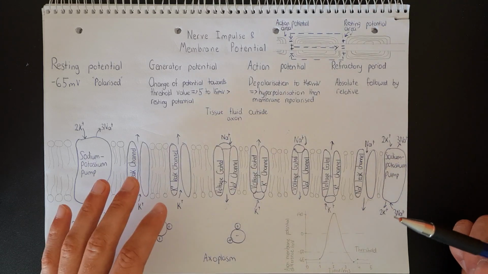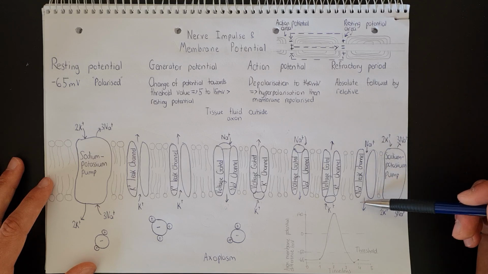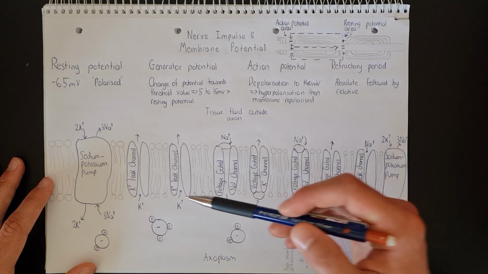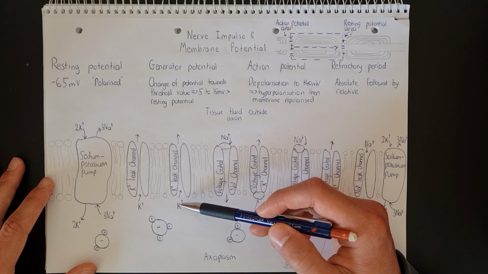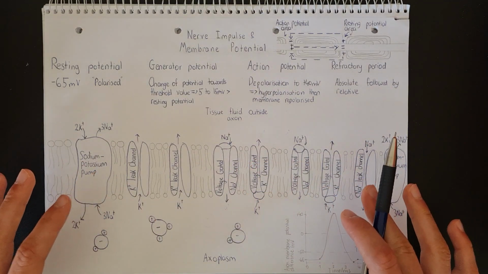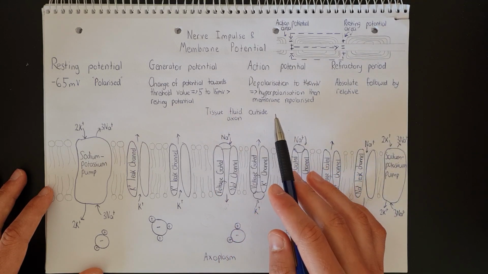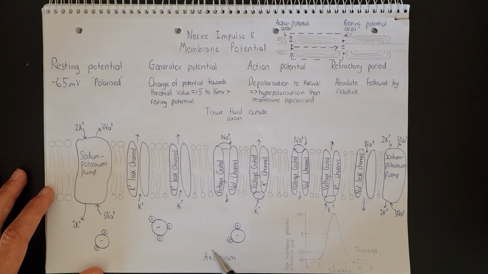However, there is much less diffusion of sodium into the axoplasm compared to the diffusion of potassium out of the axoplasm.